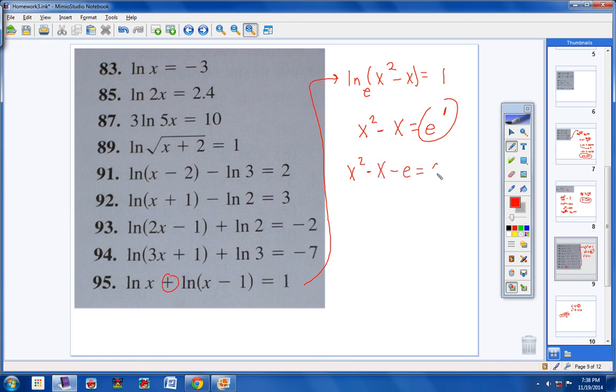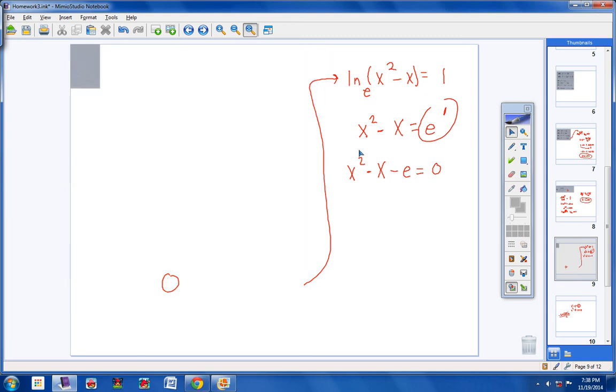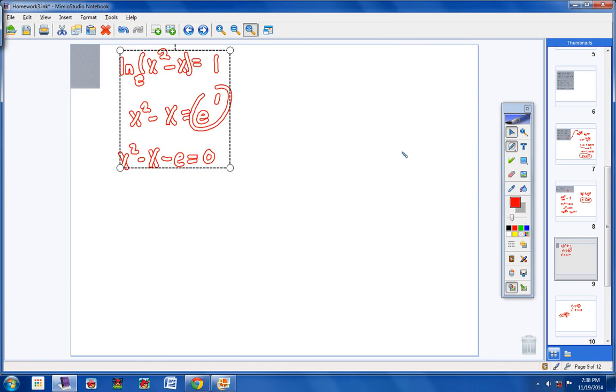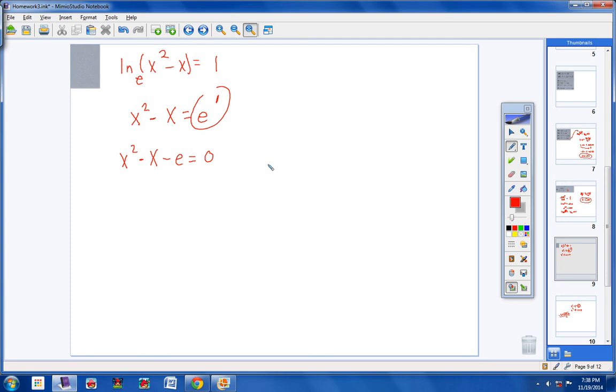And now use the quadratic formula. So here we go. And c equals negative e.